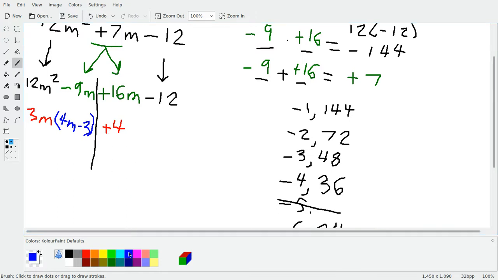If we factor out the GCF of 4, we are left with a 4m minus 3. Positive 16m divided by positive 4 equals positive 4m. Negative 12 divided by positive 4 equals negative 3.